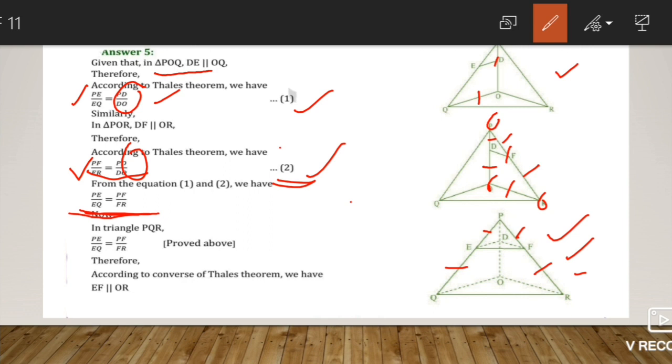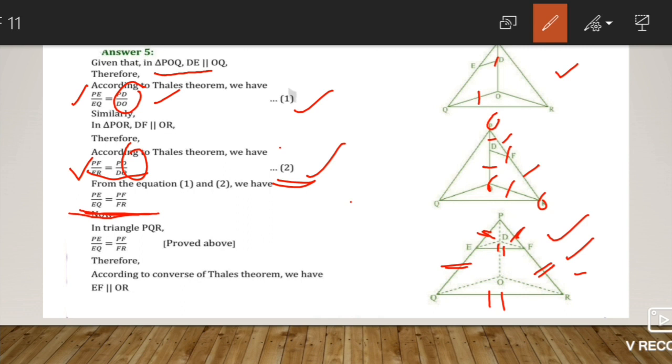So by converse BPT theorem, since the ratio of the sides are equal, EF is parallel to QR.